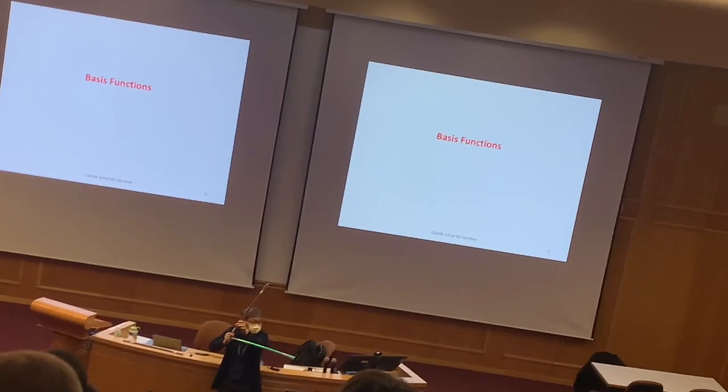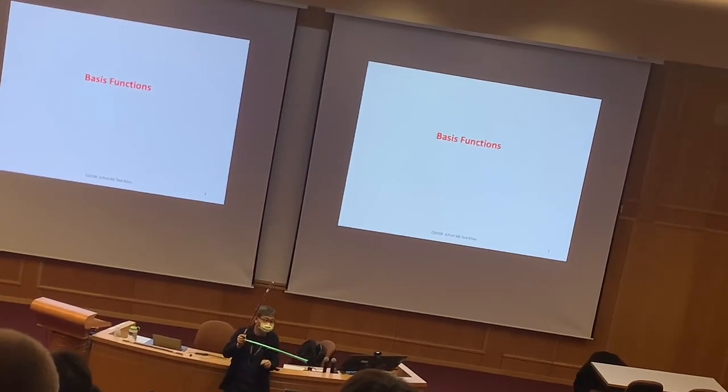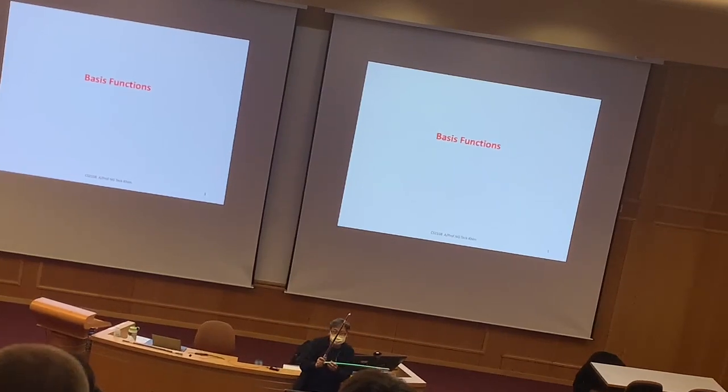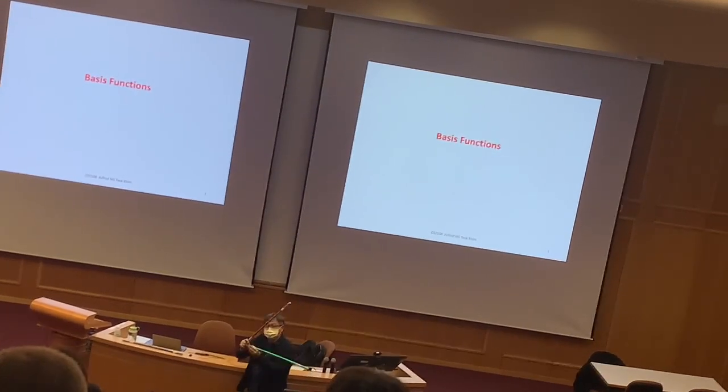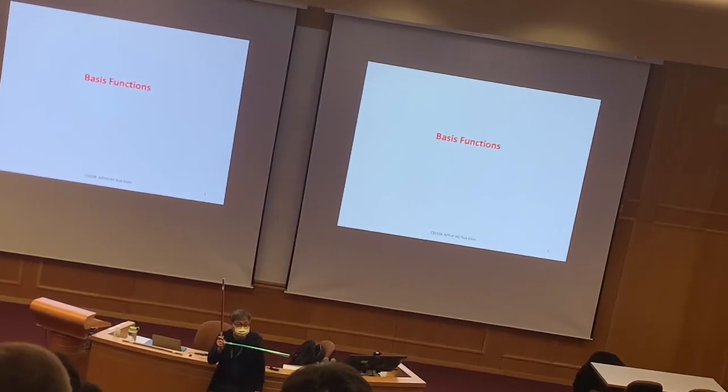For the 0, 1 component, this one doesn't have a 0, 1 component, this one has. So for that reason, even though this can be a basis, we want it to be 90 degrees. It's for convenience.